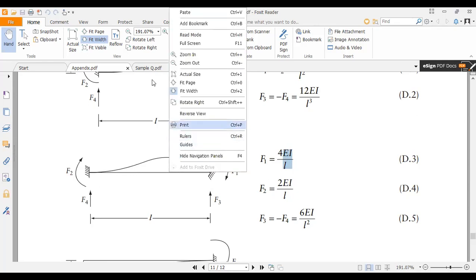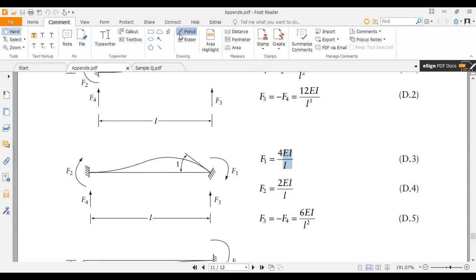You can take this direction as the bending moment, and you can see this curved part, someone is pushing in this way. So the induced moment is in this way as well. And you can take these reactions as well, since we need the actions. So F3 is plus 6EI over L squared, and F4 is minus.